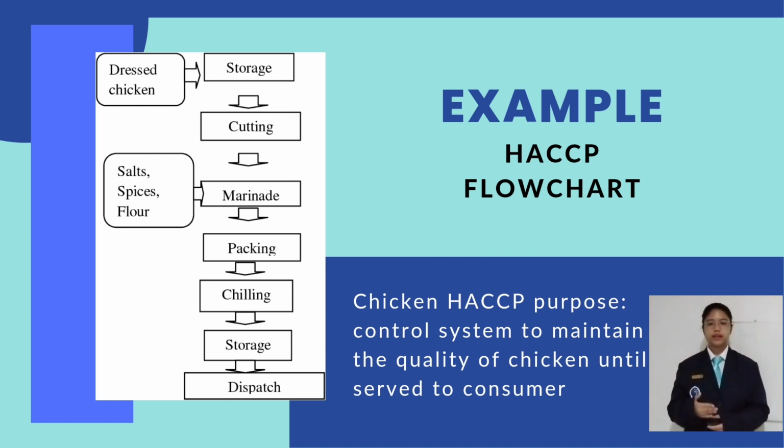As an example, I take chicken HACCP from cutting, marinade, packing, chilling, storage, and dispatch. The purpose of making the chicken HACCP is to control the system to maintain the quality of chicken until it is served well to the customer.